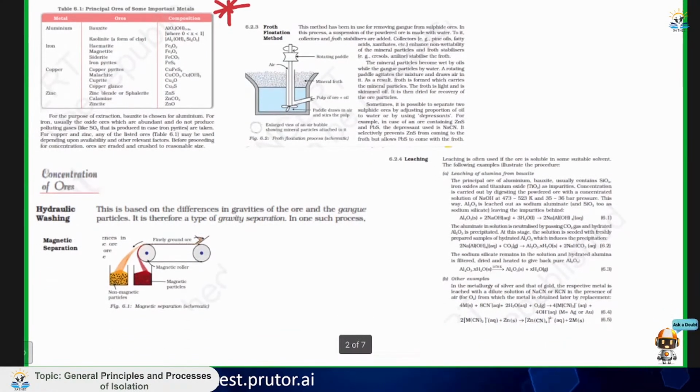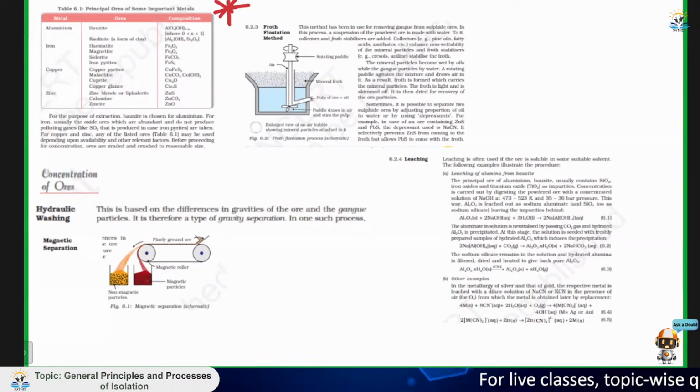Leaching is essentially a chemical separation. Basically, reacting the ore with a highly acidic or highly basic medium. In case of alumina, leaching of alumina from bauxite, you're gonna leach it with NaOH.